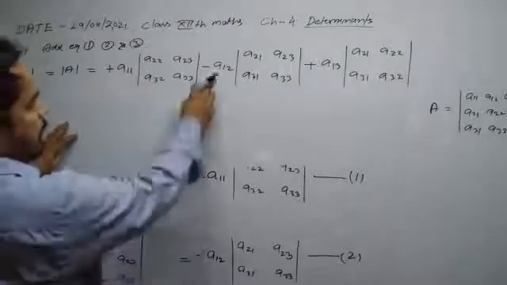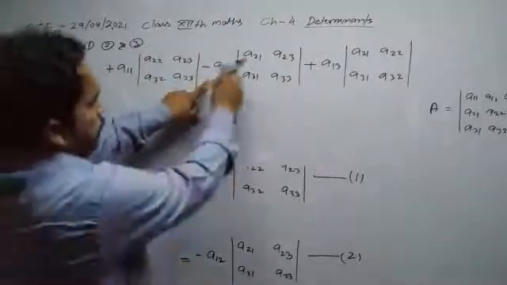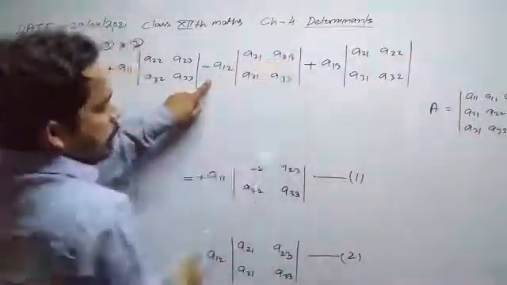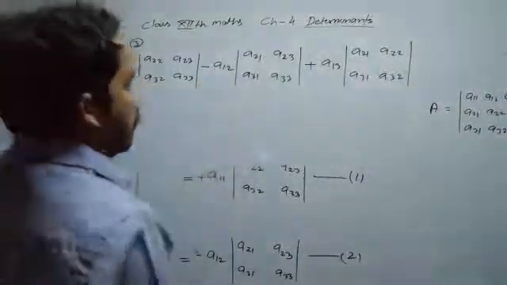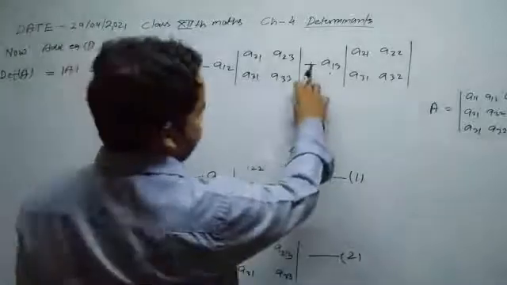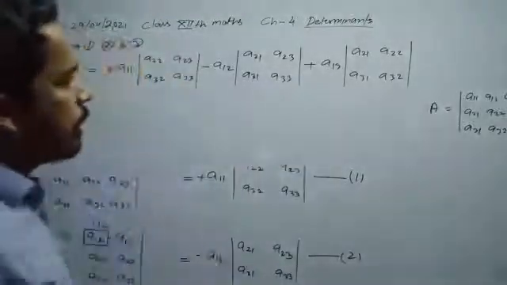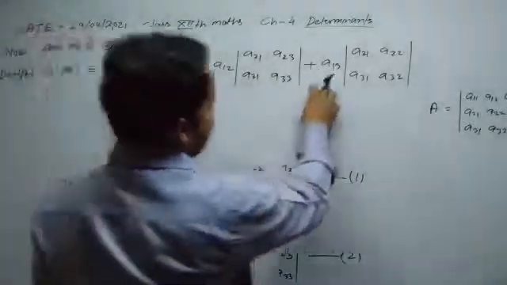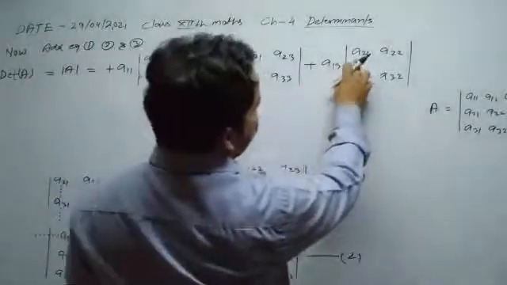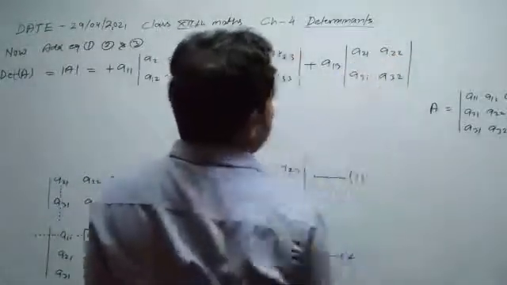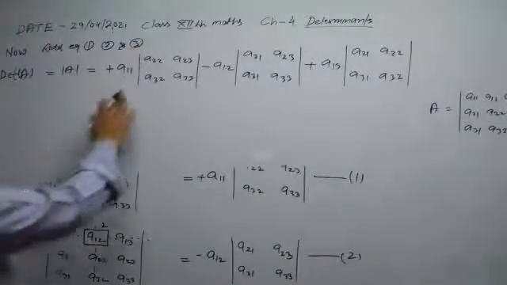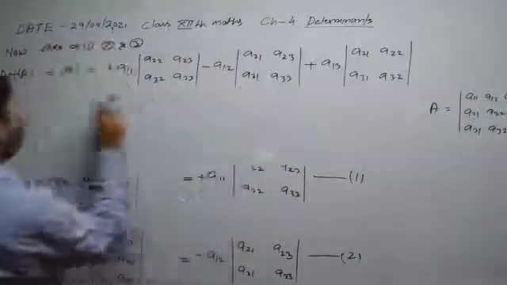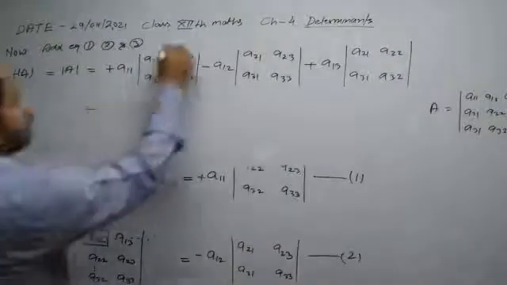Similarly, minus A12, second equation, A21, A23, A31, A33. Similarly, for first row third element, A13, A21, A22, A31, A32. So I have to solve all three determinants.